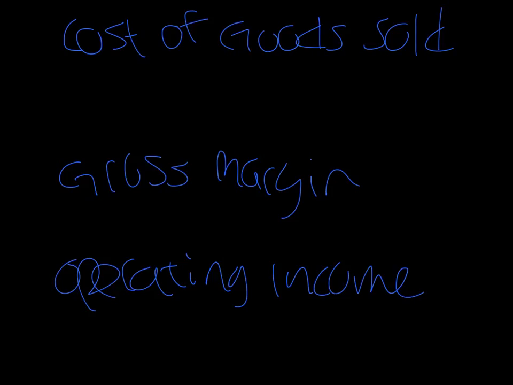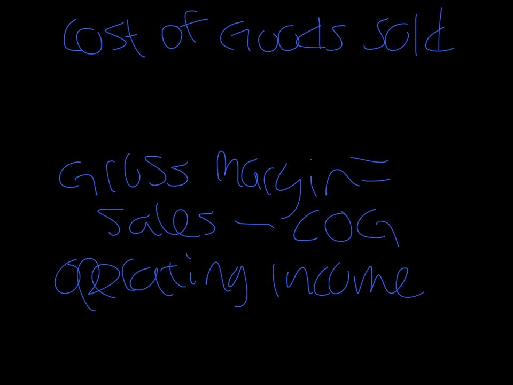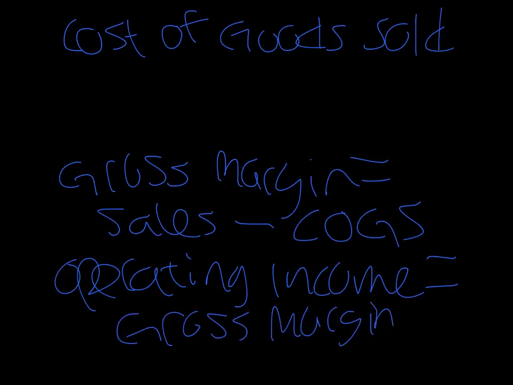Gross margin, as you remember from, I believe, financial accounting, it's considered to be sales minus cost of goods sold. Operating income is equal to gross margin minus selling and administrative fees.